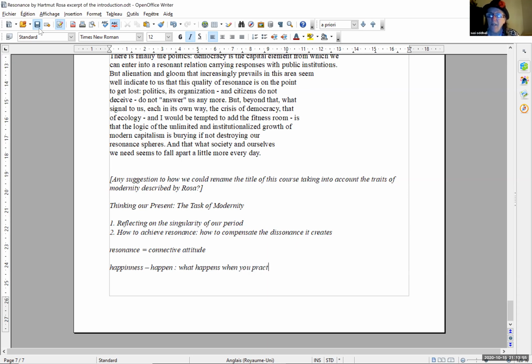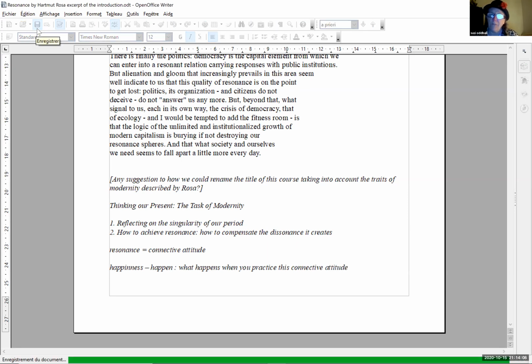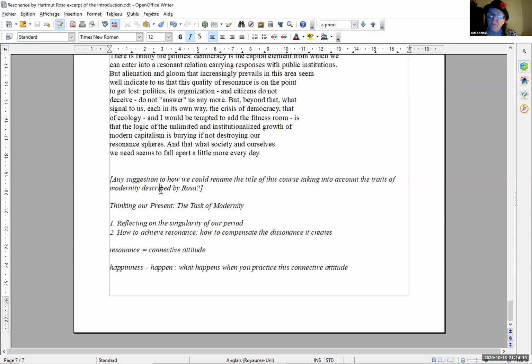Mindfulness is a part of a way to get resonance. That's not been mentioned, but all the actions of mindfulness have been discussed in these texts. Yeah. It's noticeable, isn't it?